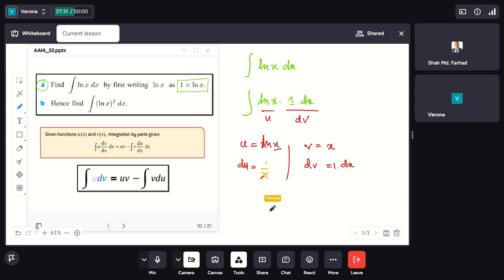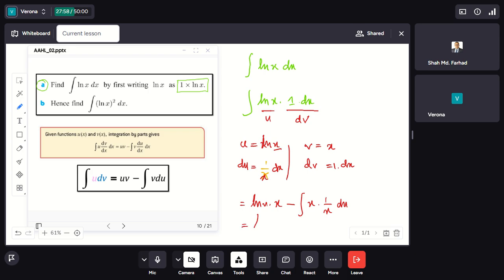So it will be 1 over x and then dx, right? And then the integral will be here uv, that is ln x times x, and then negative, that is x, and then 1 times 1 over x dx. So x and x will be cancelled out. That will be 1.